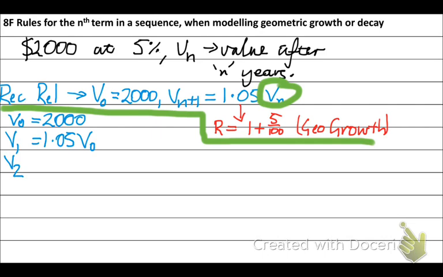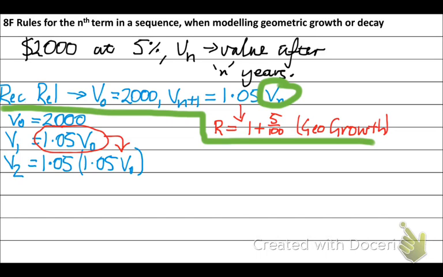If we look at it in this case, V of 2 has to be 1.05 multiplied by 1.05 times V0, because our previous term, our Vn, was 1.05 times V0.